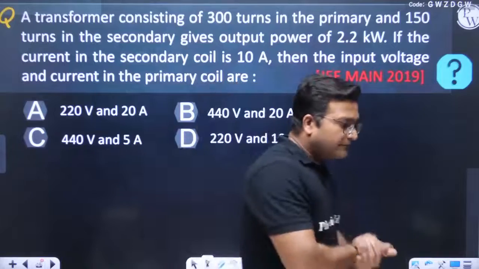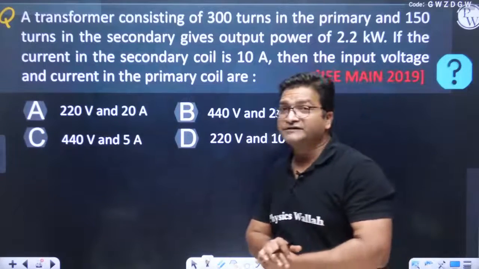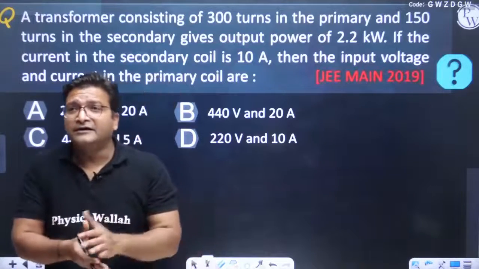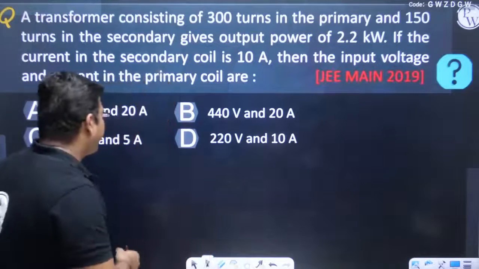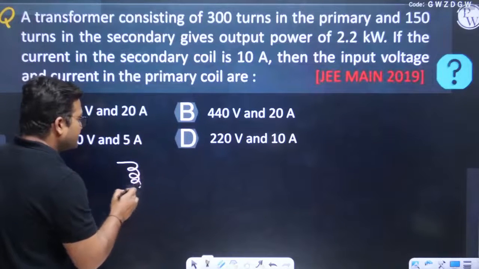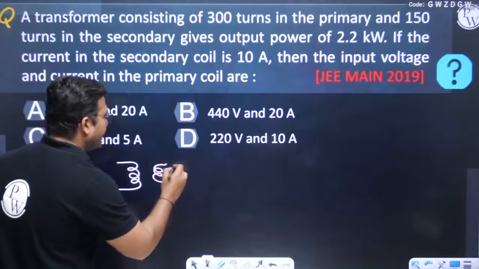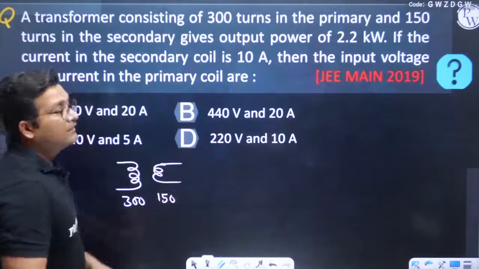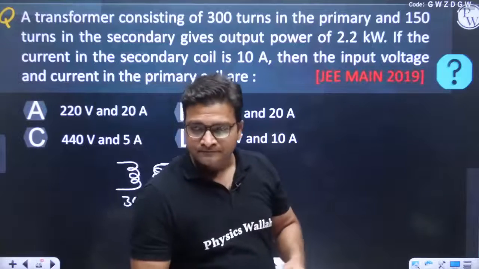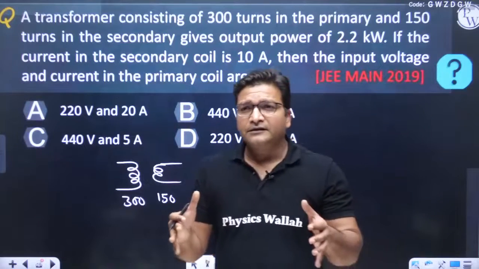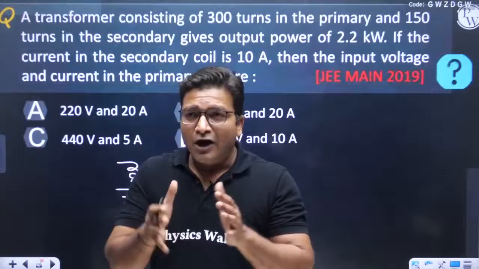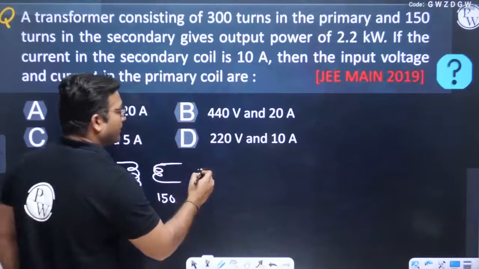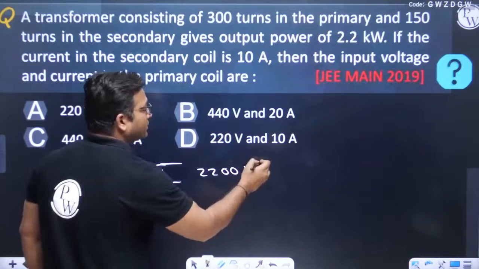Let us solve a few more questions about them. We have a transformer consisting of 300 turns in primary and 150 turns in secondary. So we have a large number of turns in primary and fewer in secondary. Now they say that the output power is 2.2 kilowatt, that is, 2200 watt.